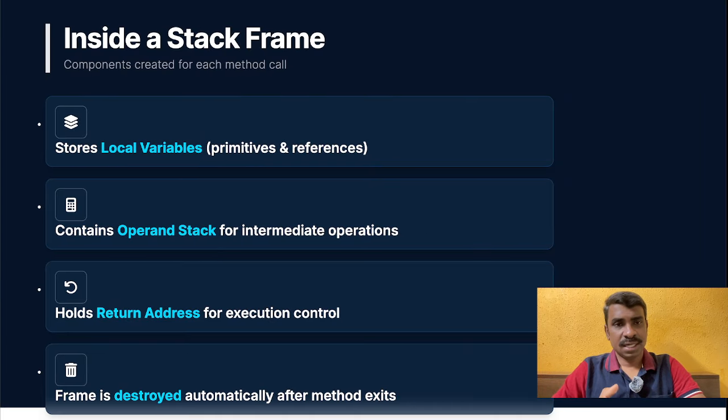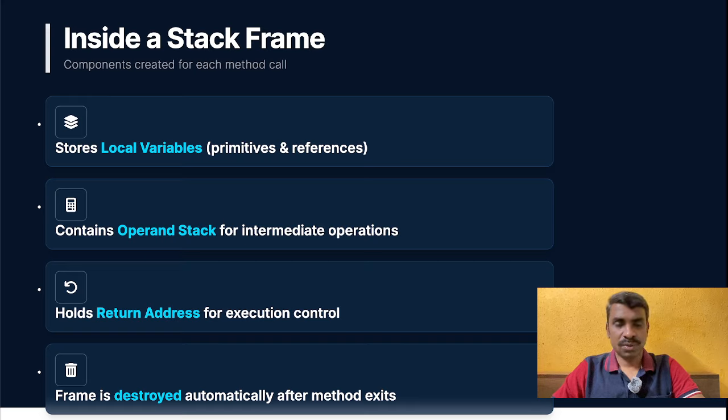So inside a stack frame, components are created for each method call. It stores local variables, primitives, and references. It contains an operand stack for intermediate operations. Means if you are doing a mathematical operation, there will be some intermediate results, right?